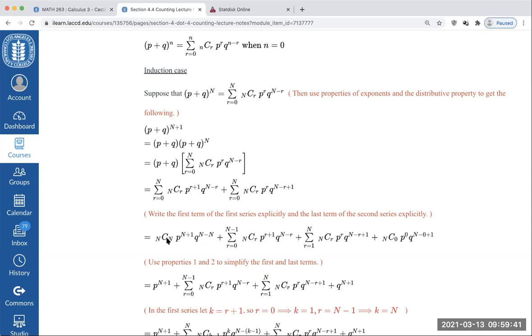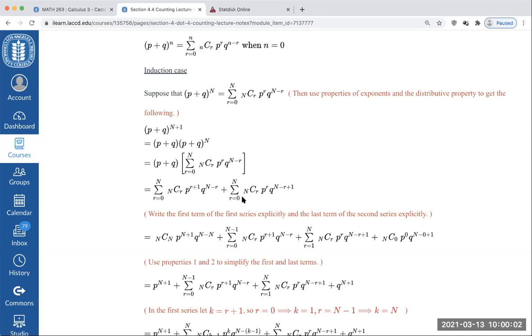Next, let me write out the nth term here and the 0th term here. Let me rewrite these here, but I'm going to write out specifically the 0th term. So let's replace R equaling 0 here.